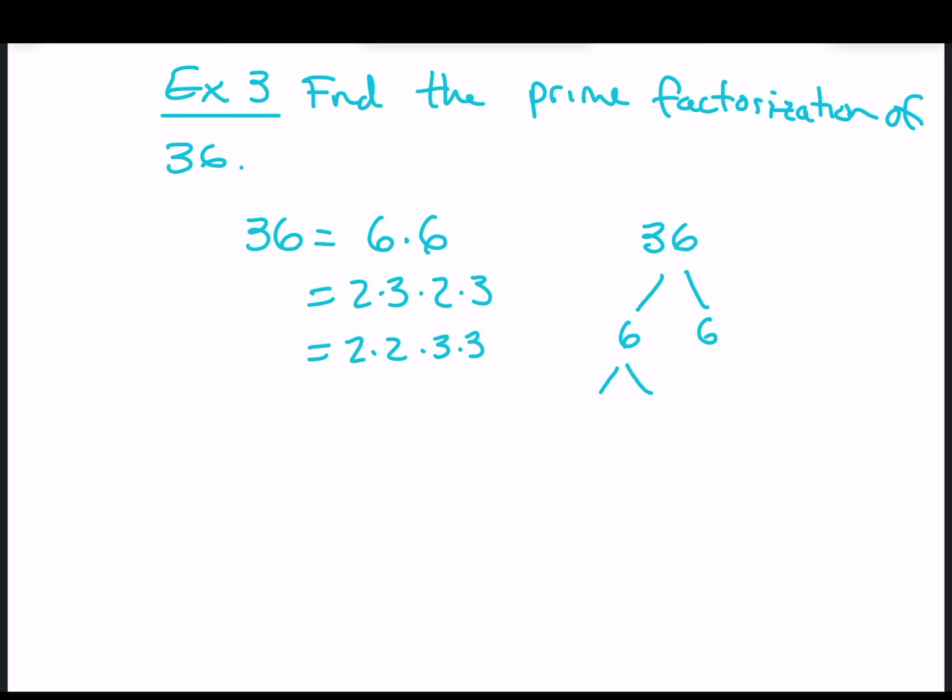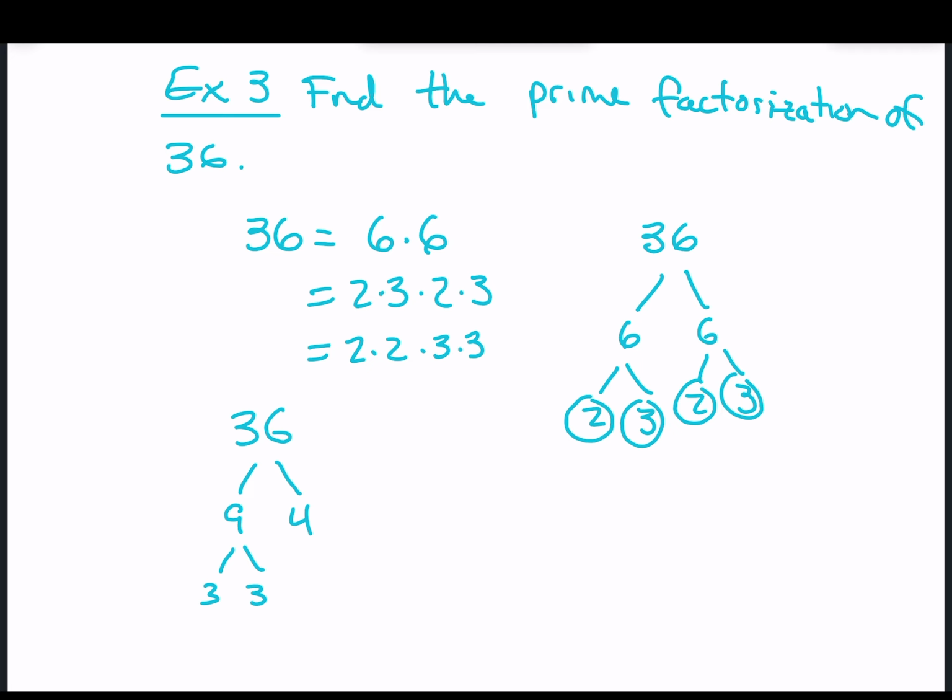You break each one down into 2 and 3, and you circle the ones that are prime. See, that works. Another way you could have used a factor tree, you could say 9 times 4, and that would break down further to 3 times 3 and 2 times 2.